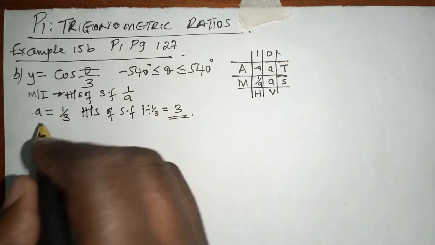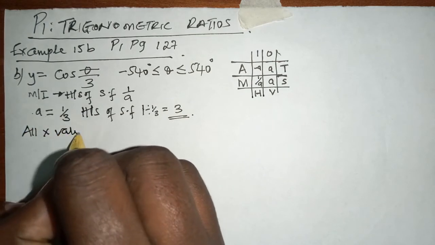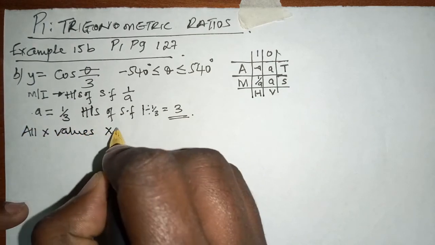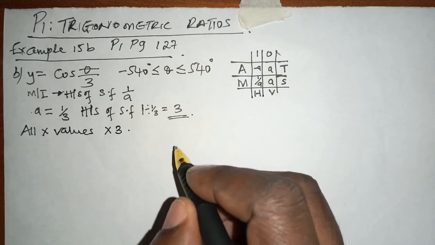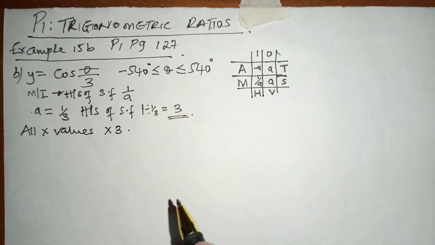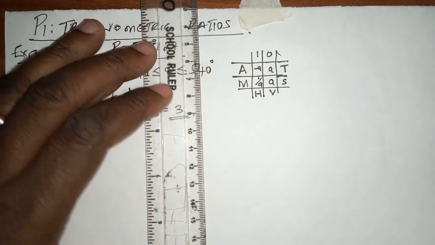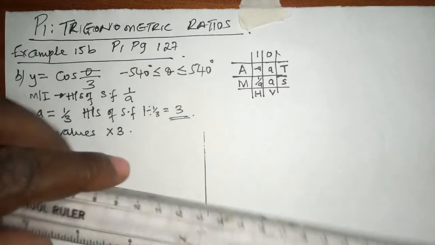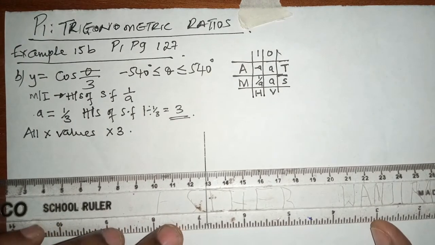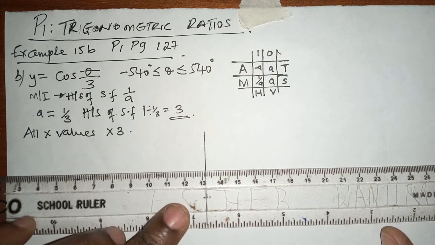So what does this all mean? That means all x values are multiplied by 3. We need a general graph of y equals the cosine of theta, and this general graph is the one we are going to transform.